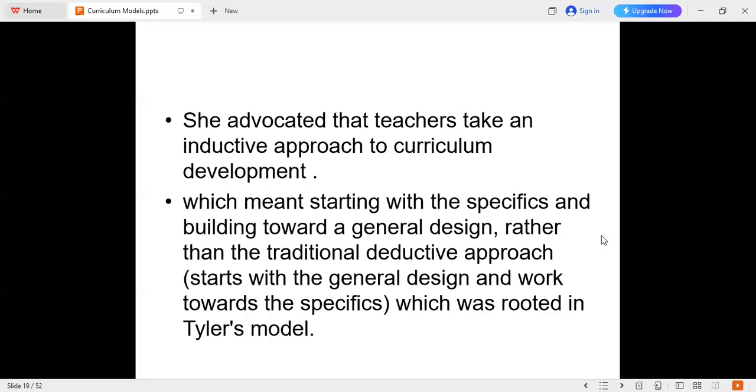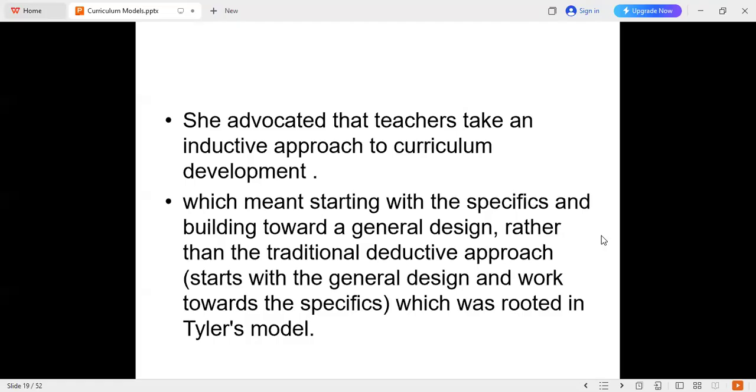According to the Tyler model, we can simply write objectives. But after the introduction of the Taba model, the objectives should be specific.